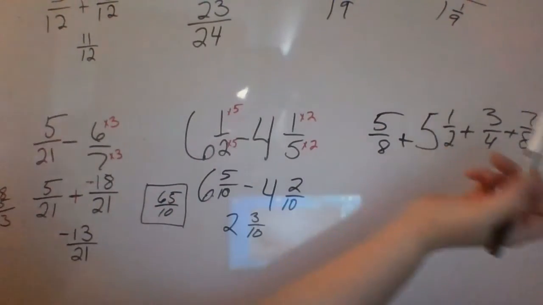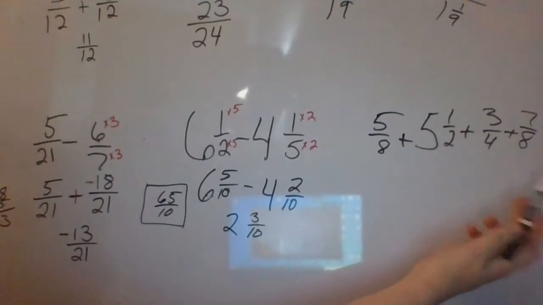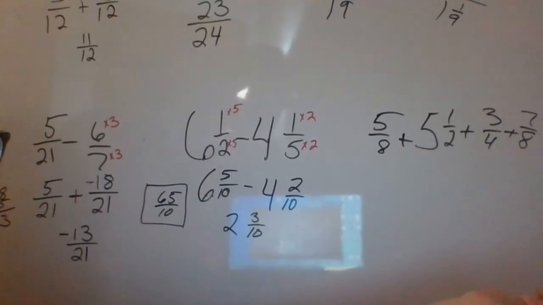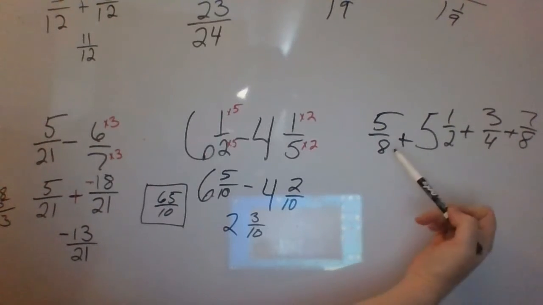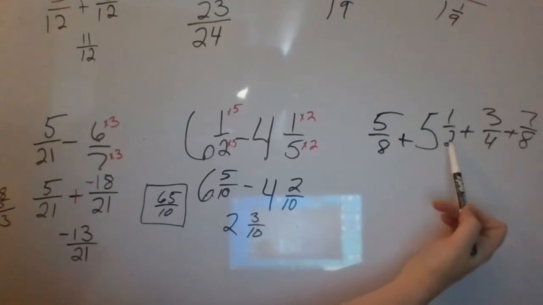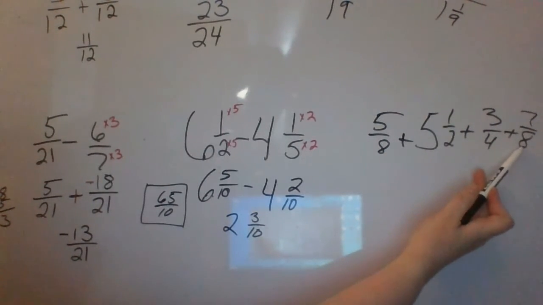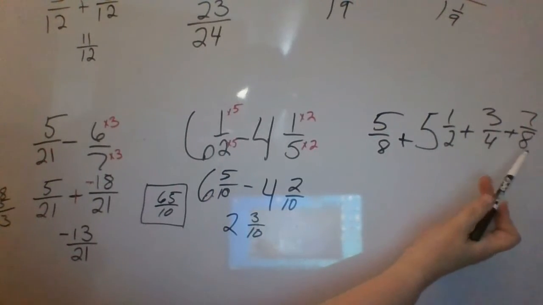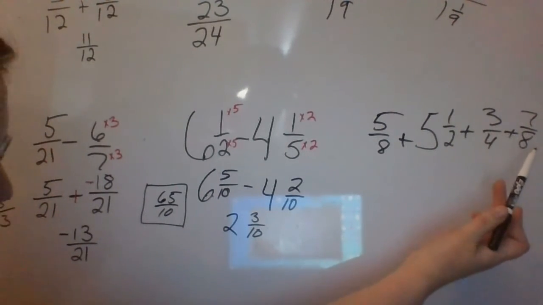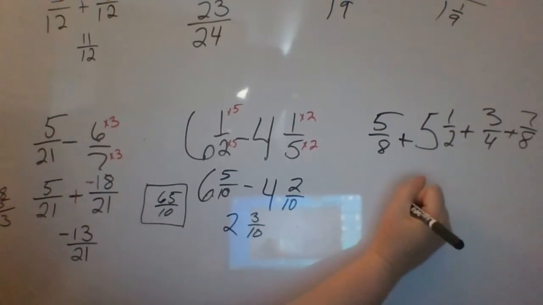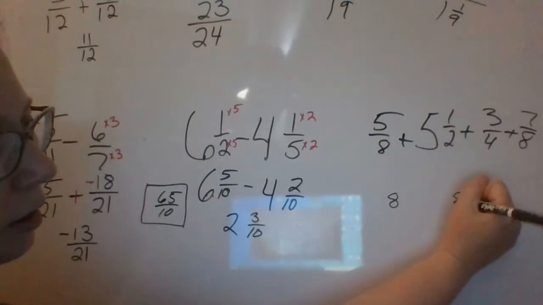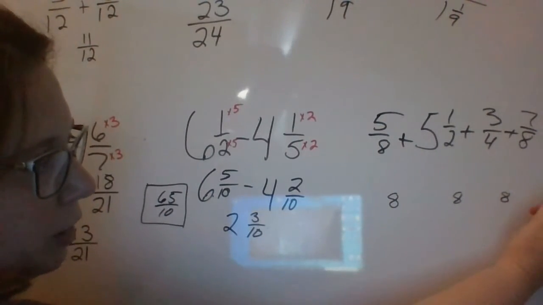Our last problem over here, we have 1, 2, 3, 4 fractions we're going to add together. If you look at all of our denominators, we have 8, 2, 4, and 8. 2 and 4 both go into 8 without a remainder. So 8 is our new denominator for all of these fractions.